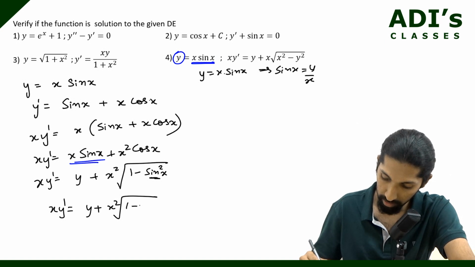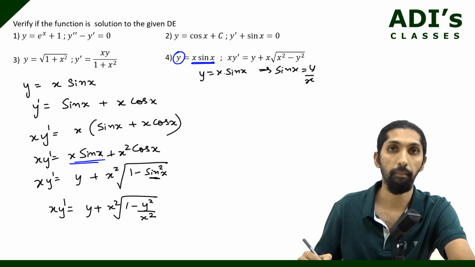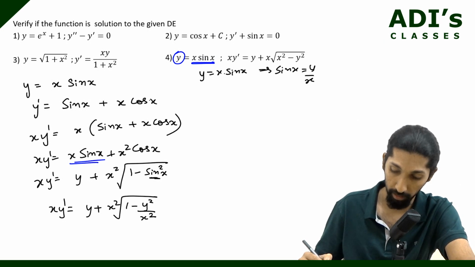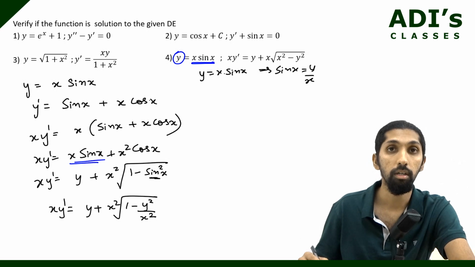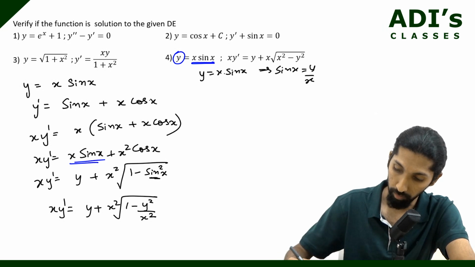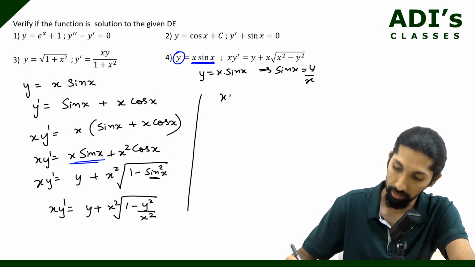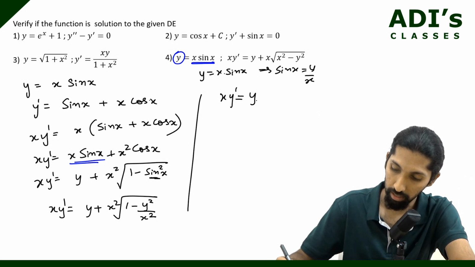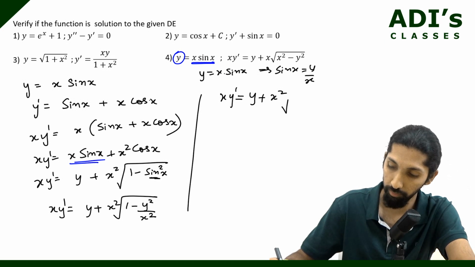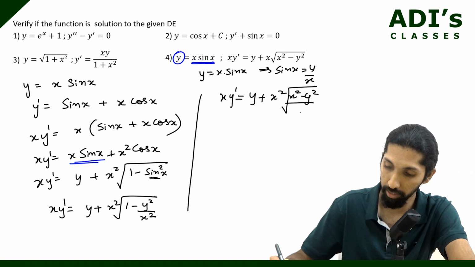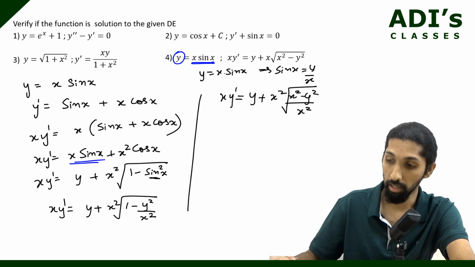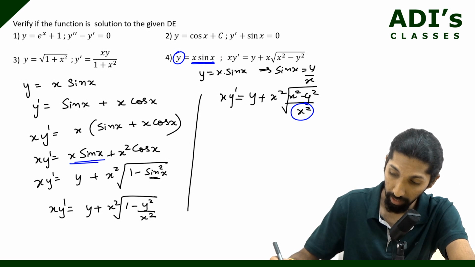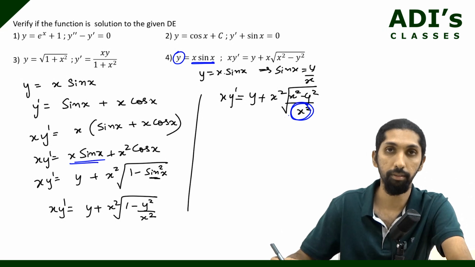So 1 minus y square by x square. Make sense? Yeah, now inside the root, take the LCM. So what we have now, x into y dash, y plus x square into root of x square minus y square divided by x square. See, now what do you do? You take this x square outside the root.